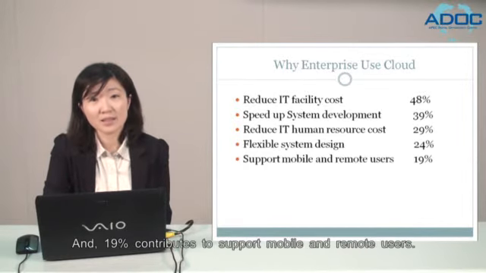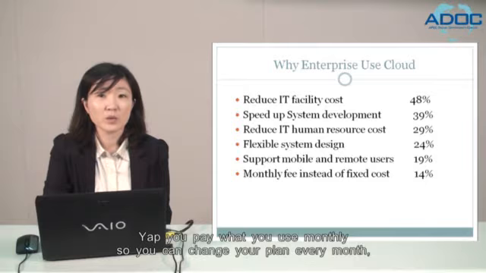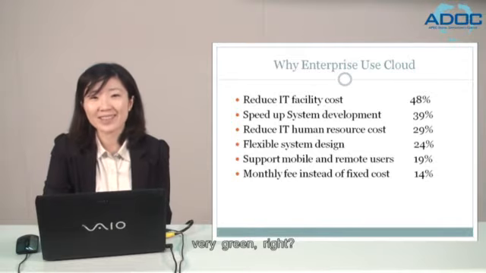And 19% contribute to support mobile and remote users. 14% monthly fee instead of fixed cost. Yeah, you pay what you use monthly, so you can change your plan every month. Very green, right?